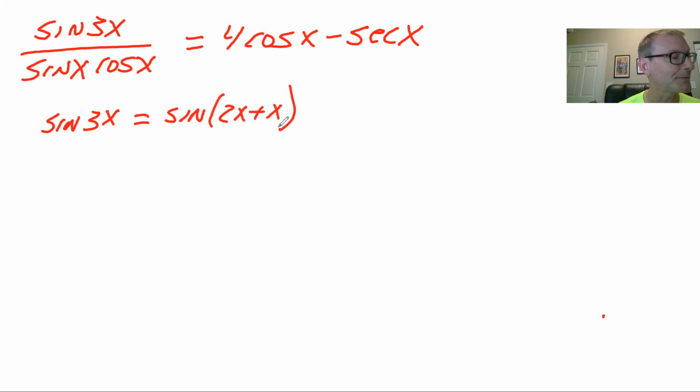And why do I want to do it that way? Now we can use one of these crazy formulas that we have. And this was back at the sum and difference, or I think the book called it the addition subtraction formulas.